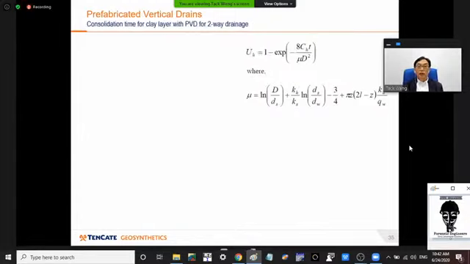How do we calculate the rate or the time taken for PVDs installed in soft clays? There's that equation by Hansbo.